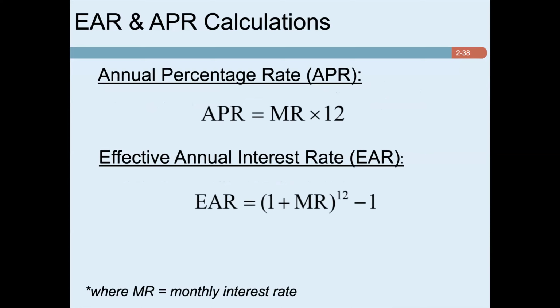And APR is just the MR times 12. So we can just convert the APR by dividing by 12, and that will be our MR. And then EAR will be, after we divide APR by 12, plus 1 to the power of 12. That will be the EAR.